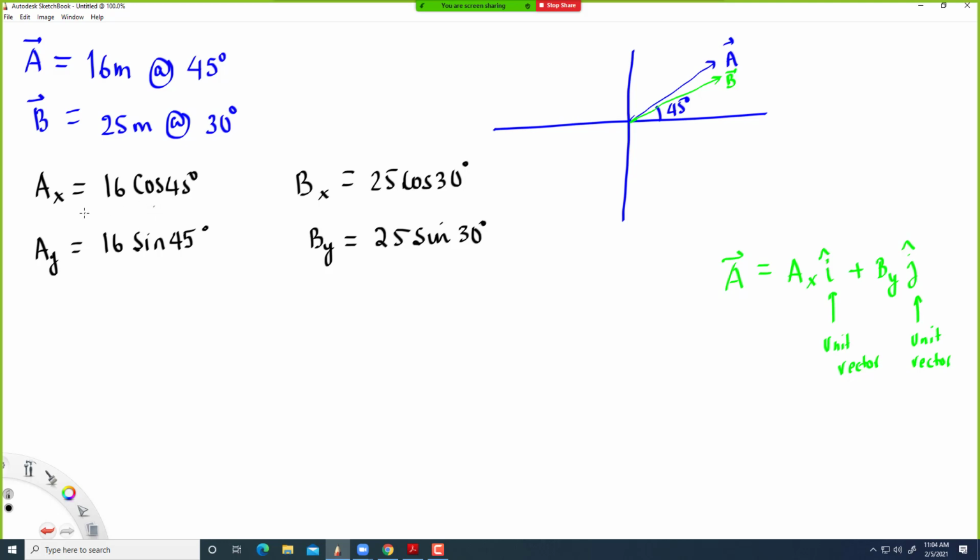So 16 cosine 45. That comes out to be, okay, I don't have the answer here. You guys can tell me the answer. 11.3 meters. How about this one? 25 cosine 30.